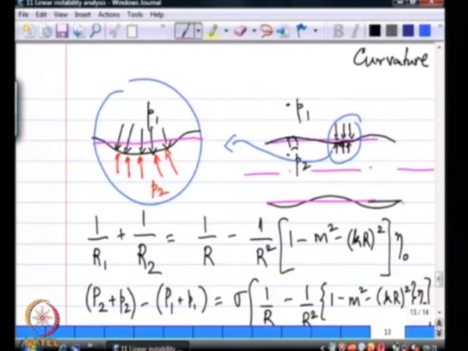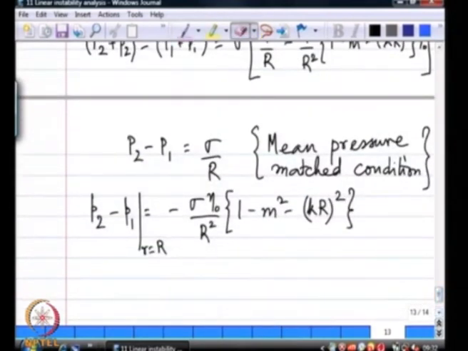Now, if I really have to write this force balance, if I have P2 as a function of r, theta, z and time, which I do, and P1 as a function of r, theta, z and time, which I also do, I have to evaluate this at the perturbed interface location, not at r equal to R. This unperturbed location is my r equal to R. But I will write this at the interface for now and I will show you how this comes about.